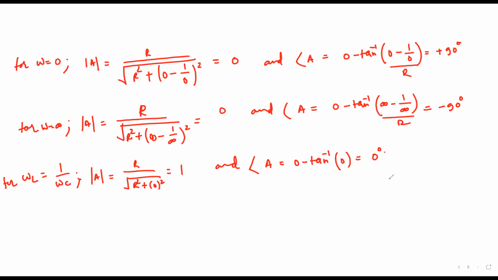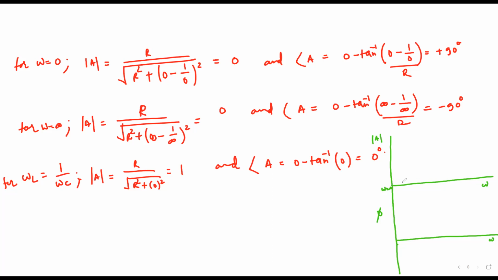All right, so we have obtained it for all these frequencies, and we now try to plot it. So the plot will look like this. So this is your magnitude, and somewhere here is the phase. This axis right here is your omega. And we see that at omega equal to 0, the magnitude is 0.